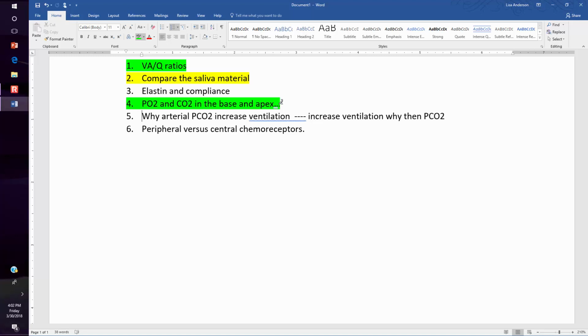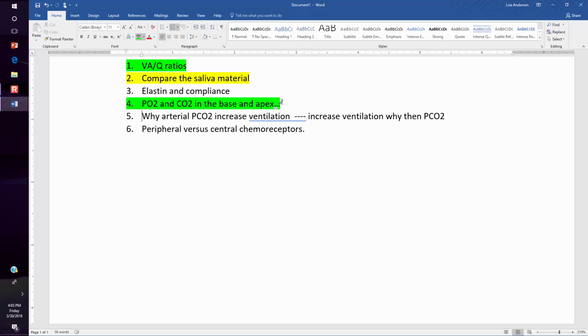So somewhere in the middle, the ratio is equal to 1, PO2 is 100, PCO2 is 40, and again, we're in millimeters of mercury.